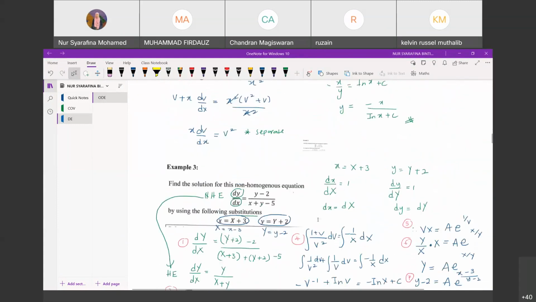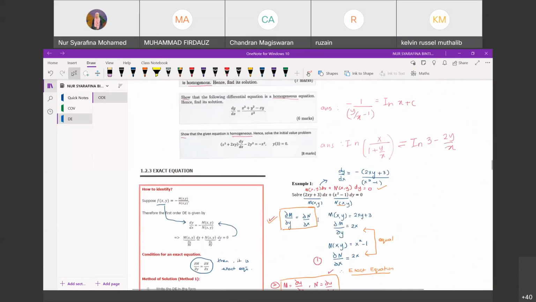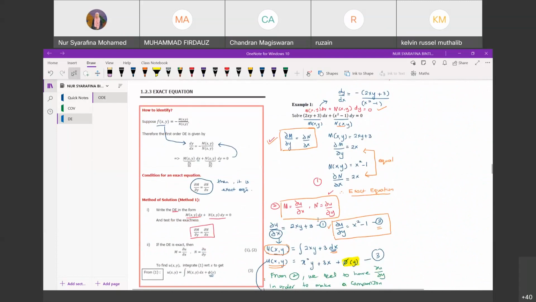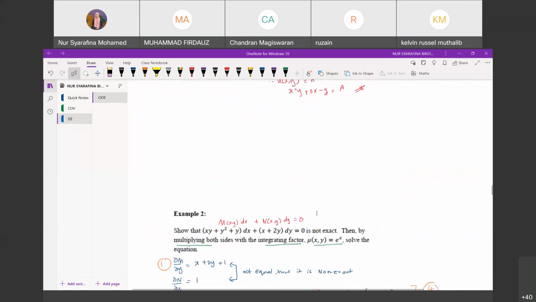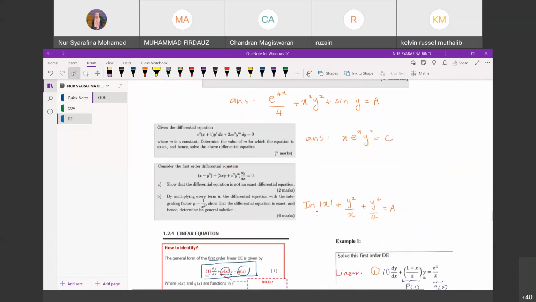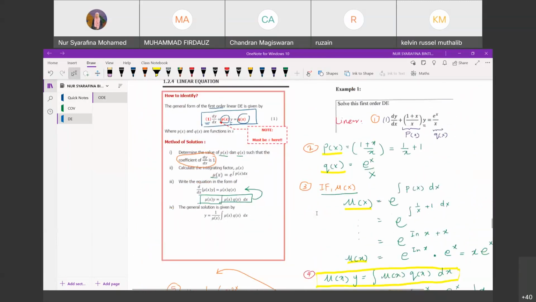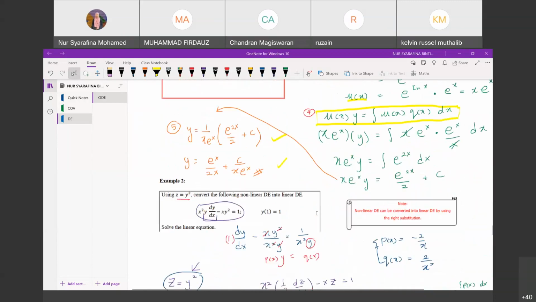Okay, and then for z, it is quite different compared with the previous two, where you have to have m and n and find the solution for u. There are two methods for finding u there. Okay. And then we have linear equation where you need to have integrating factor. And then the last type is Bernoulli.